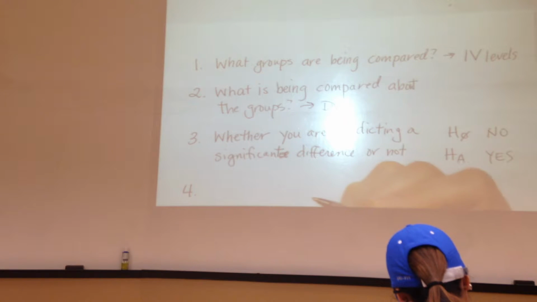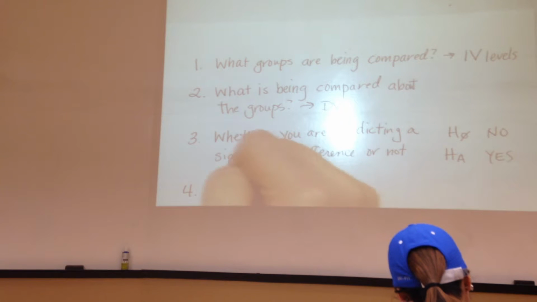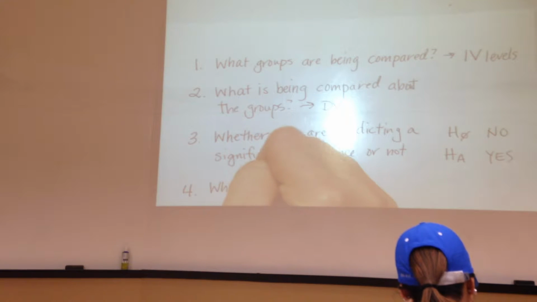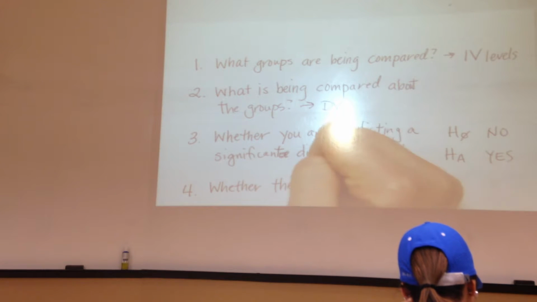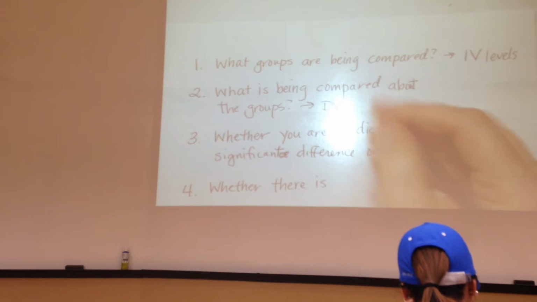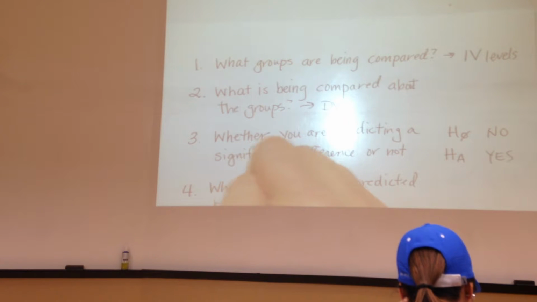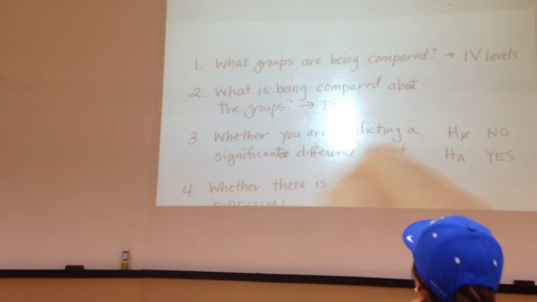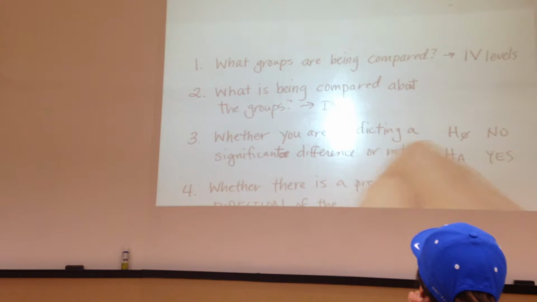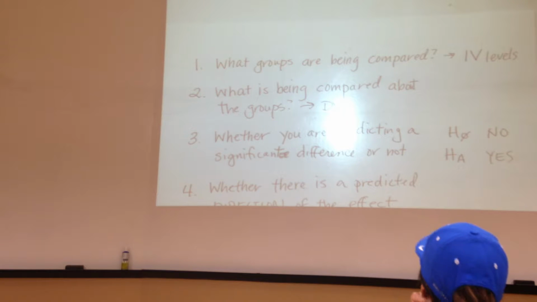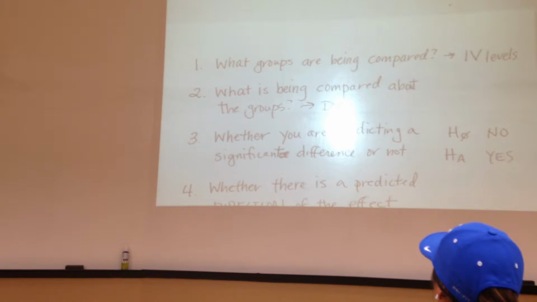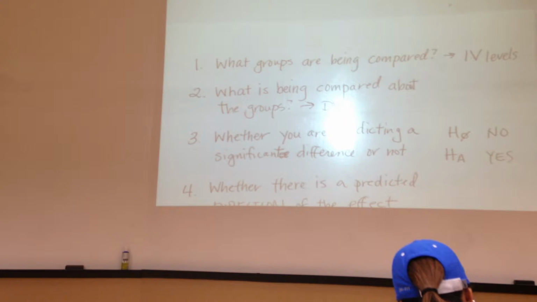The fourth thing you've got to keep in mind is whether there is a predicted direction of the effect. Now, what do I mean by this? There's really kind of two ways you could go.